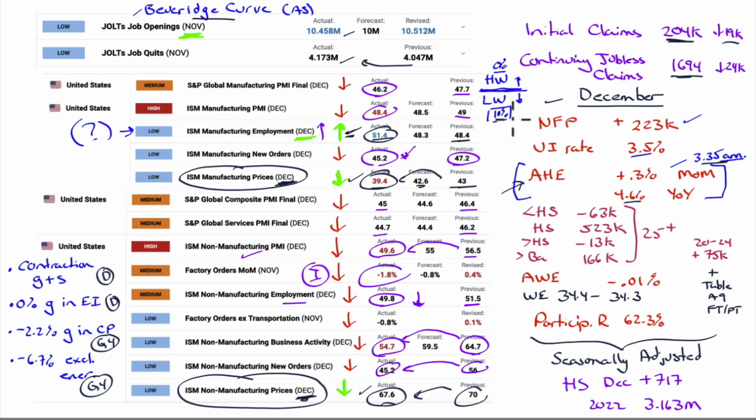What's going to happen to average hourly earnings if you hire the 100,000 low wage workers? Average hourly earnings will decrease. If you hire the high wage workers, average hourly earnings will increase, because average hourly earnings is concerned about the mix of jobs, not the rate of change of pay of those jobs.